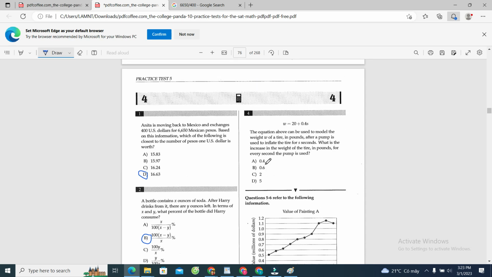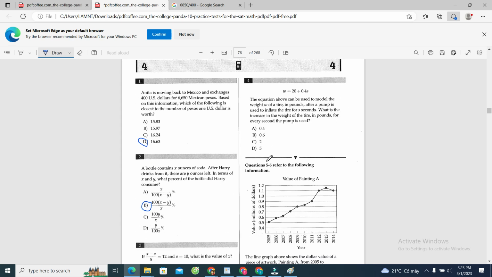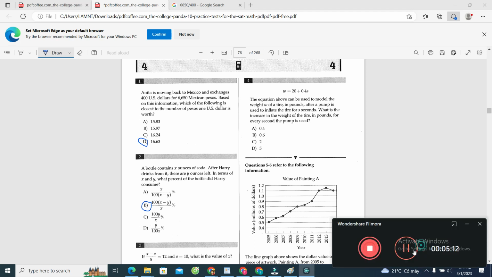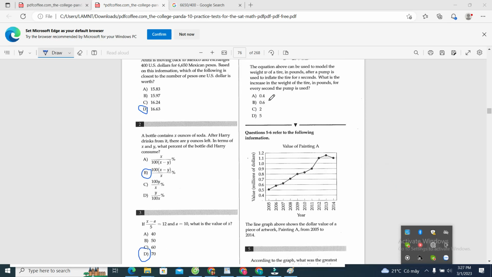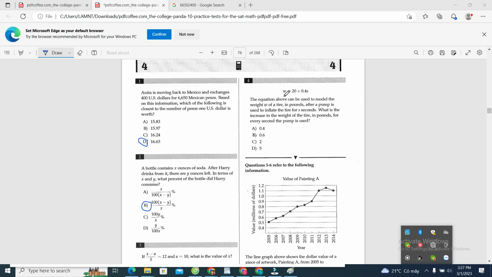So number 4. We have W equal to 20 plus 0.4s. Okay, so let's keep going with question 4. The equation above can be used to model the weight of a tire in pounds after a pump is used to inflate the tire for S seconds.